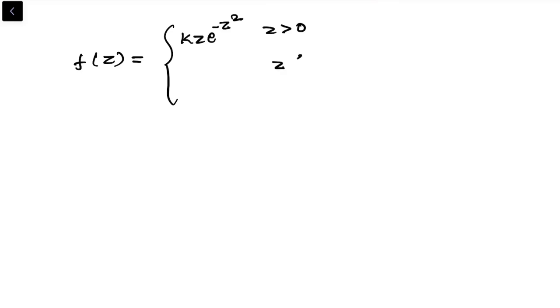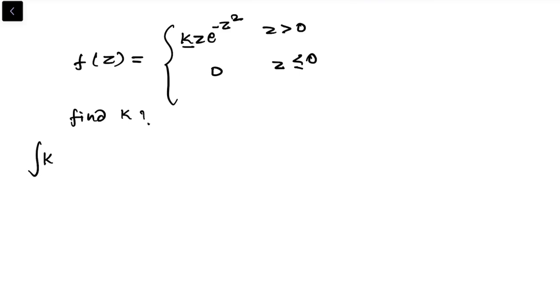And when z is less than or equal to 0, PDF is simply 0. Now in this case, you are asked to calculate the value of the constant, that is k. Now this question is very simple. You simply need to integrate the PDF and equate it with 1. That's the concept of the PDF, right?